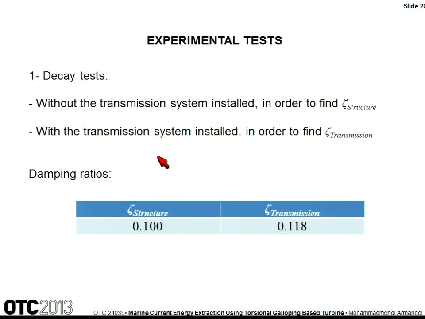At first, we conducted the decay tests once without the transmission system installed in order to find the structural damping ratio, and then with the transmission system installed in order to obtain the damping ratio due to the transmission box. Here are the damping ratios identified using the decay test results.